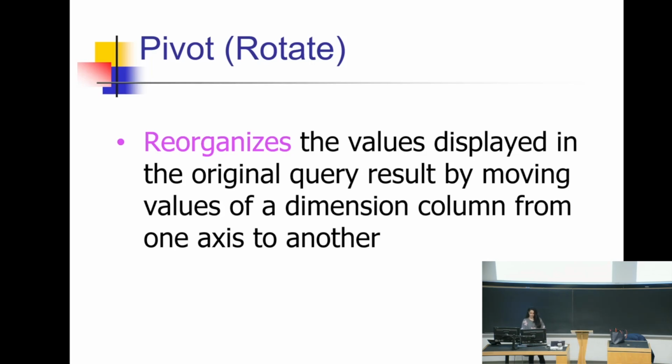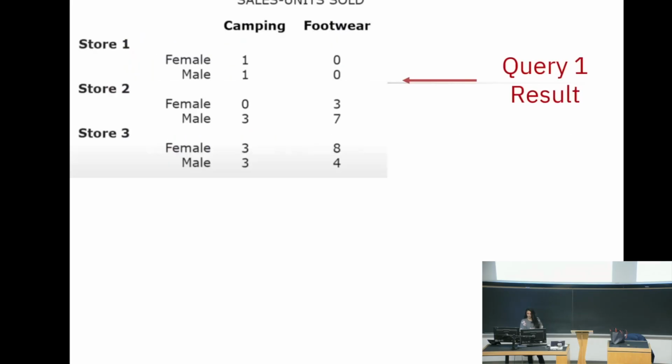For example, let's say you have this table here showing sales in terms of the units sold for different stores across different regions, for different products, camping and footwear, for both male and female customers. So how many dimensions do we have here? 3 dimensions, right? We have the gender dimension, stores, and also product categories.